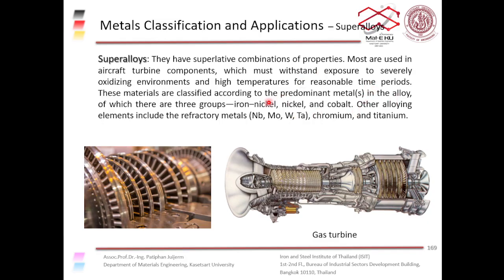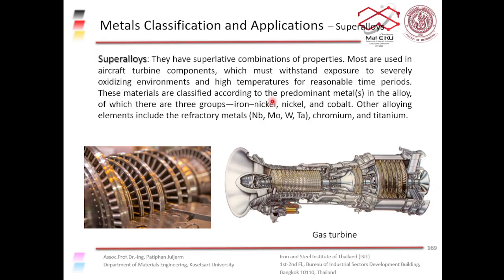So when you add refractory materials like niobium, molybdenum, tungsten, and tantalum, you add chromium and titanium as well. Materials like chromium and titanium can form a passive oxide film, which can help prevent oxidation at high temperature.